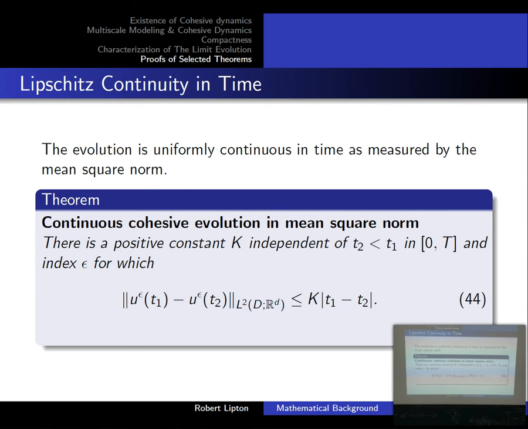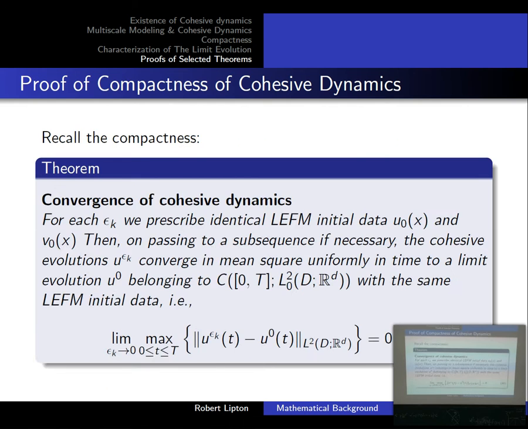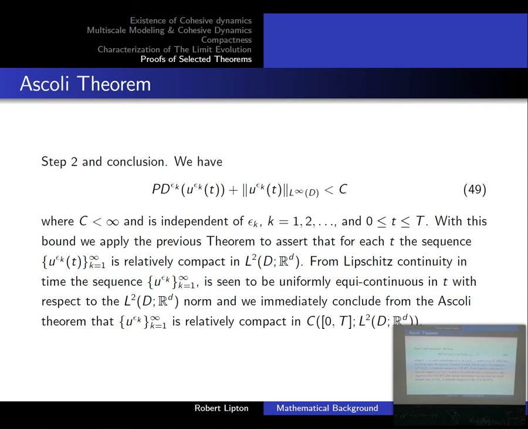So we have pointwise convergence in L2 because of compactness, and now we have the uniform Lipschitz condition, and so as we do on the real line, we can use Ascoli's theorem, and we get that a limit evolution exists. It's just like the 1D proof on the real line. The miracle is to get this and to show compactness at each t.